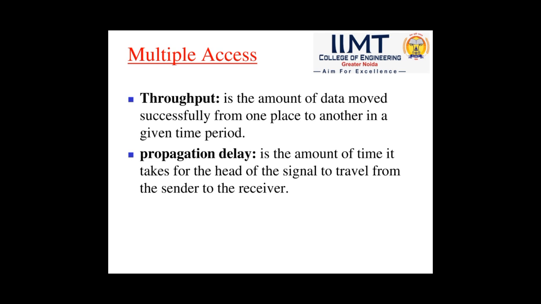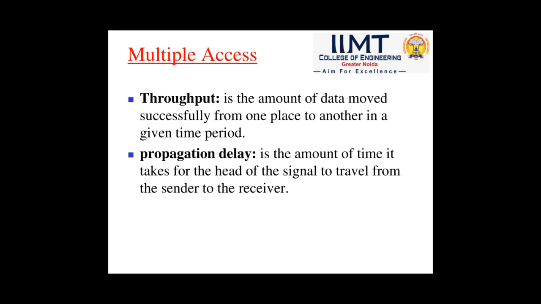So the actual amount of data that can successfully transfer from source to destination in a given time is called throughput. It is measured in percentage: 89%, 76%, 60%. When the noise is more, when the distortion is more, then the throughput will be less.